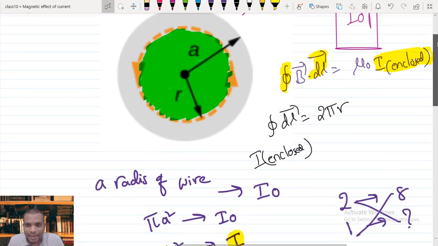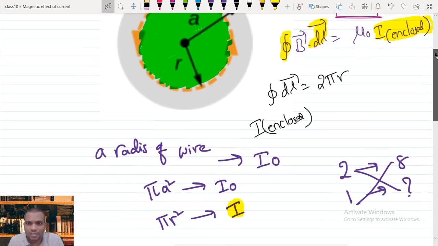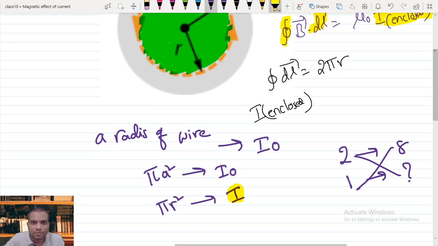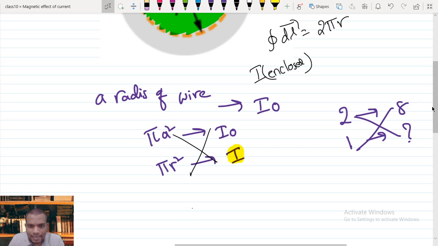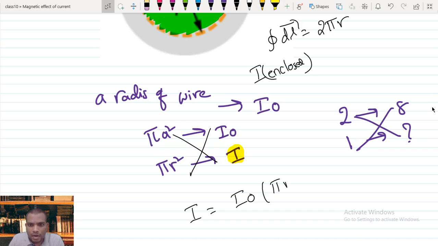Now to find I, the current enclosed, just do the cross multiplication. So how much can I get? I equals I naught times pi r square upon pi a square.